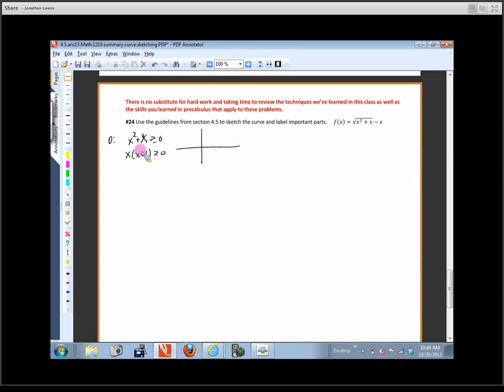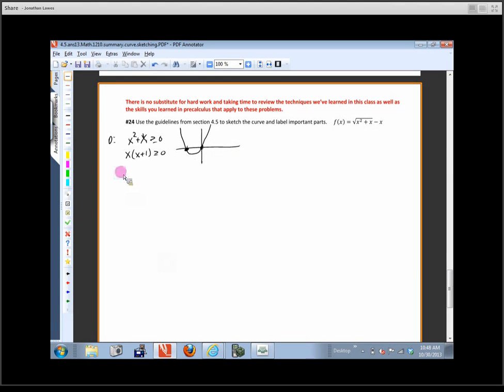Parabola, opens up, has an x-intercept at 0 and an x-intercept at -1, so it looks something like this. That stuff underneath the radical is a parabola, and it looks like this. The only part of this parabola that we wouldn't be able to take the square root of is where it's below the x-axis. And where is it below the x-axis? Between -1 and 0.